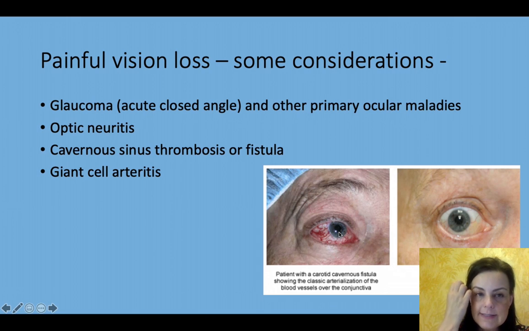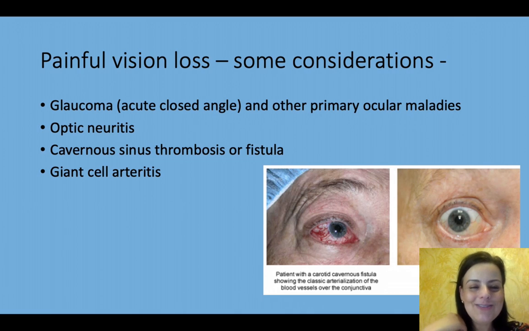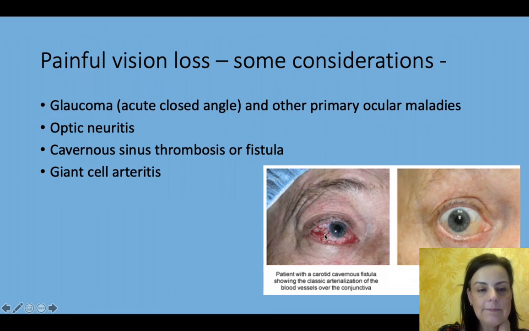So the cavernous sinus kind of sits back there, and you probably remember it's a venous sinus, but it also has the carotid artery and some cranial nerves going right through there. Bad things can happen. You can get a fistula between the vein and the artery. You can get a thrombosis, and it can give you high pressures that give you painful vision loss and a red inflamed eye.